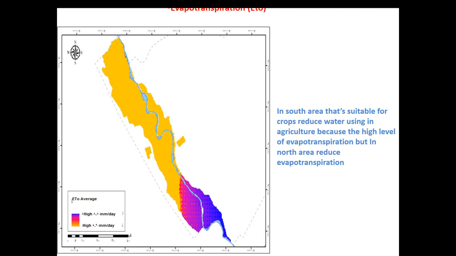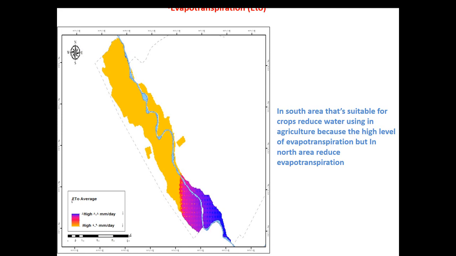We have climate data for our area and enter it into a GIS model for temperature, wind, solar radiation, and dew point. In the end we calculate ETo and enter it into GIS to know which areas are high, medium, and low.